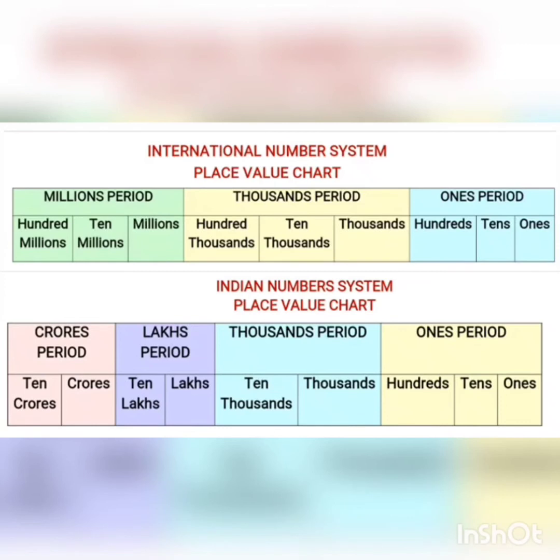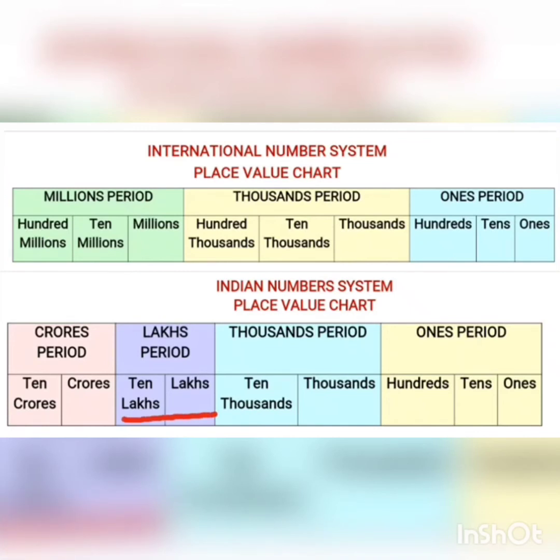After thousand period in international number system, comes million period. It has 3 places. They are million place, 10 millions place and 100 millions place. In Indian number system, after thousand period is lakhs period. It has only 2 places.